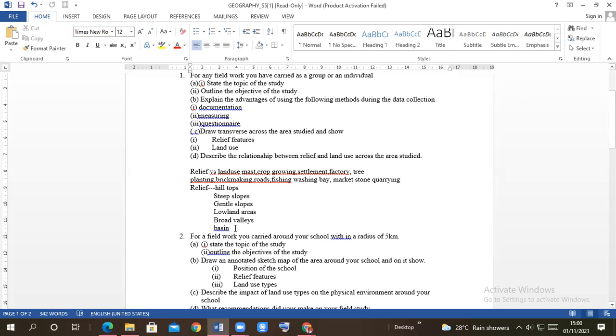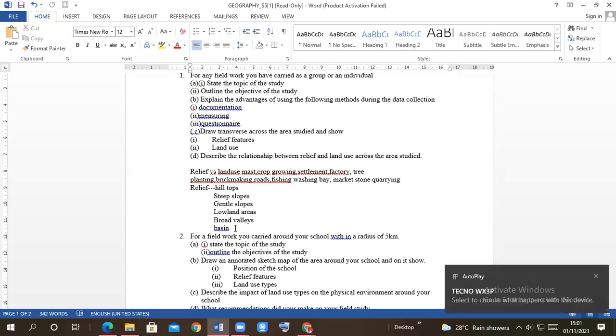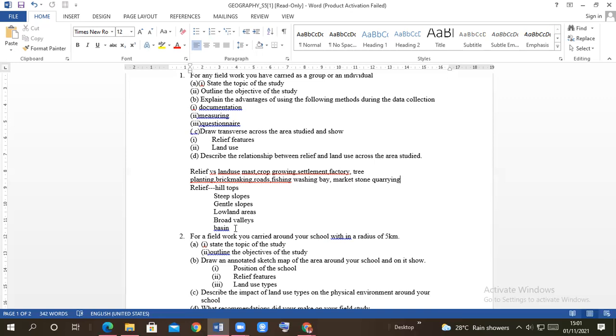What about a basin? Which land use can be found in the basin? Teacher, fishing. What else? Let me see now where your reasoning stops. What else? Fishing and what?